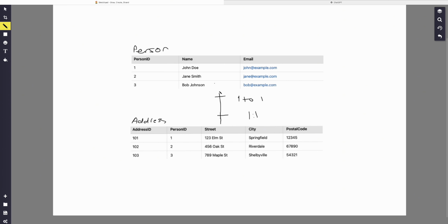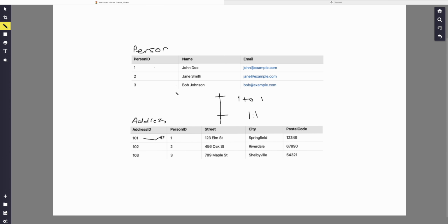Okay, so as you can see here, this is a one-to-one, meaning that one instance of the particular person that's up here can only belong to one instance of the address down here, meaning that a person can only have one address. Okay, so what we can see here is that address ID 101 belongs to person 1, which means that's John Doe and he lives at this address.